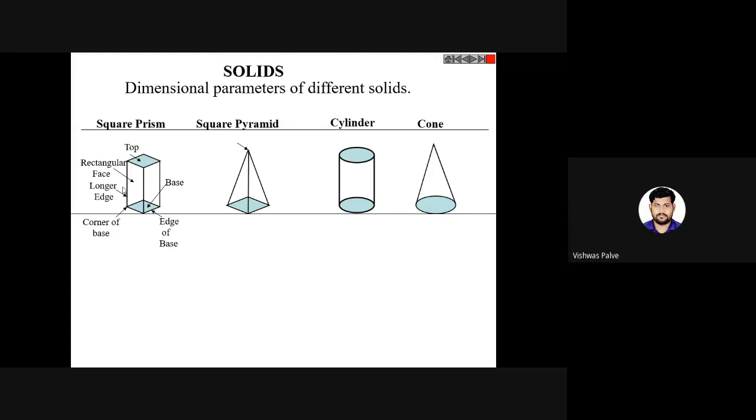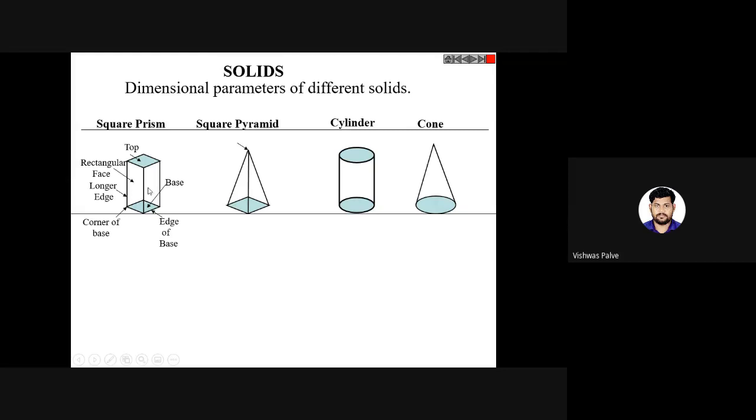The top, bottom, top, or it is also called the top face. In some of the numericals you'll find it is said to be the top, or in some of the numericals they'll directly say the top face. Then a rectangular face, or this flat portion is called a rectangular face. Then the two rectangular faces are connected with a longer edge. So this will be called a longer edge.